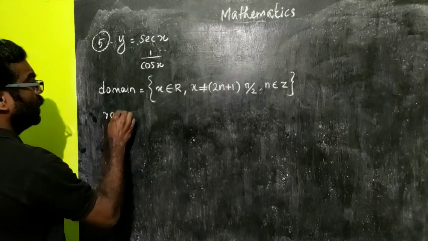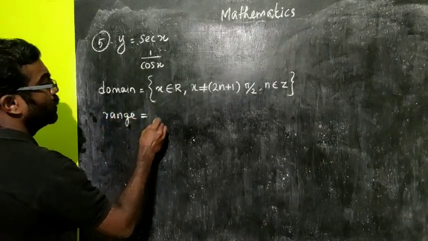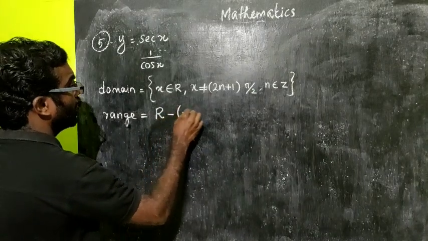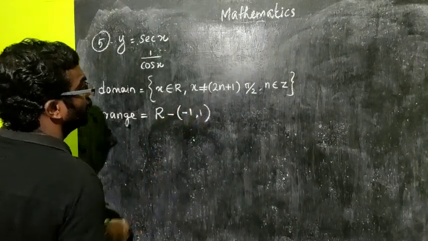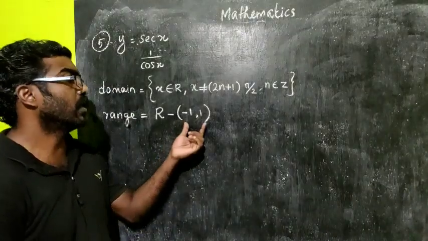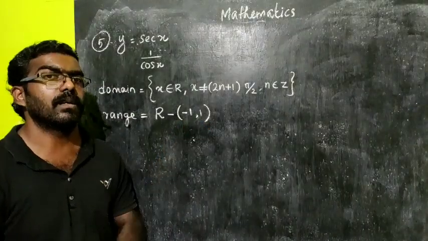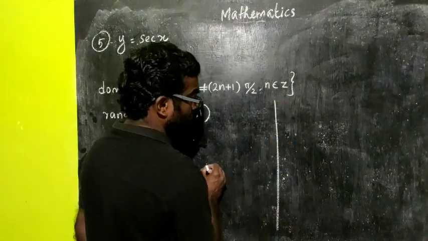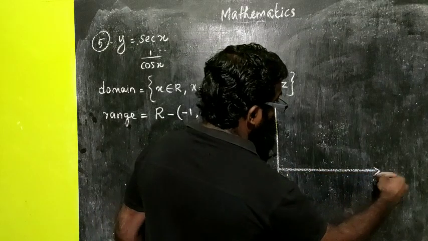And the range is the set of all real numbers except the open interval (-1, 1). That means we don't get a value in between -1 and 1. So here also we can draw the graph, x-axis and y-axis.